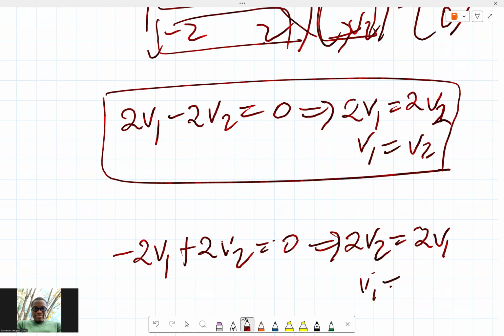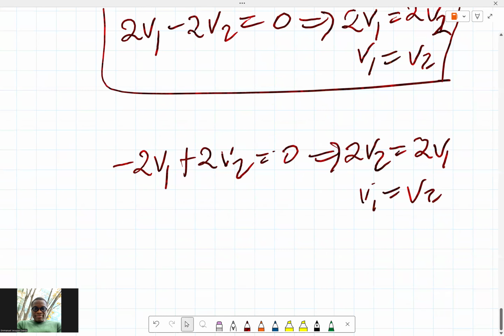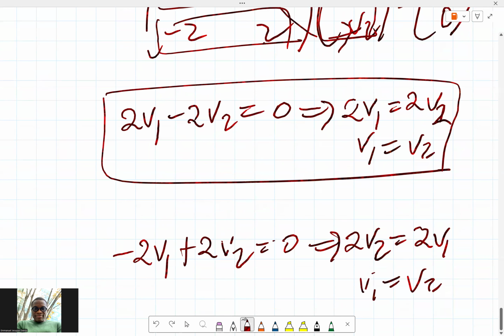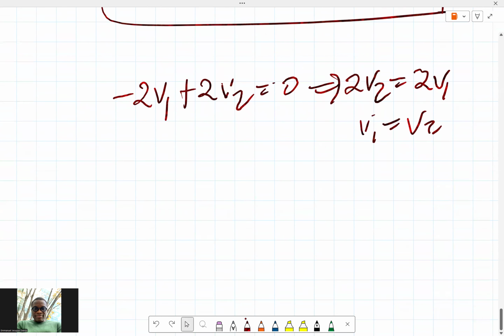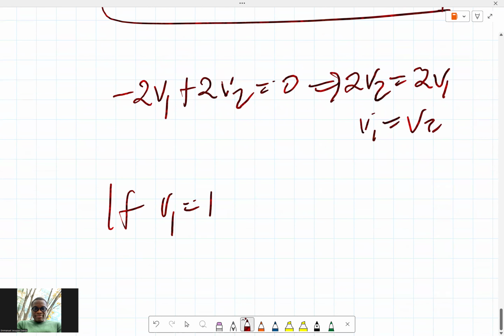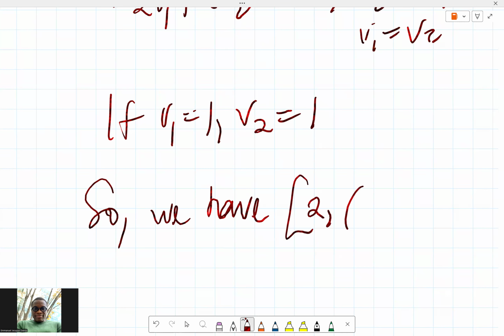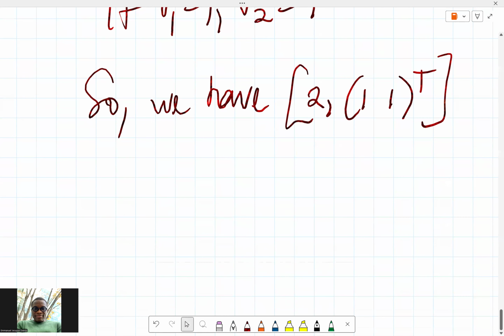So again, V1 is equal to V2. In short, we can just take any random value. We can say that if V1 is equal to 1, then V2 is also equal to 1. So we have the eigenpair: eigenvalue 2, then eigenvector 1, 1 transpose.